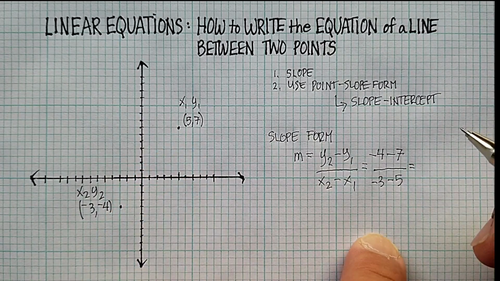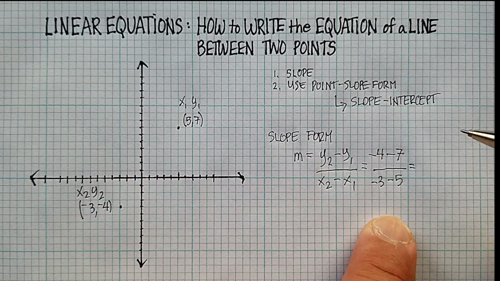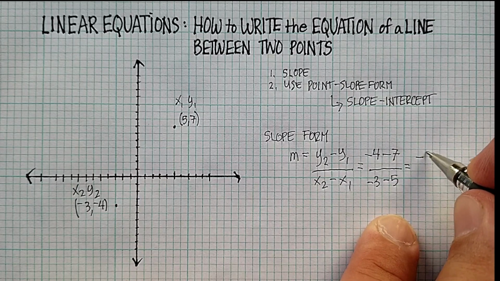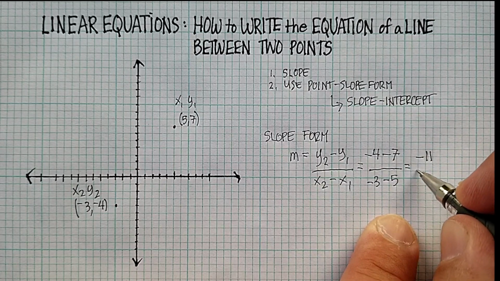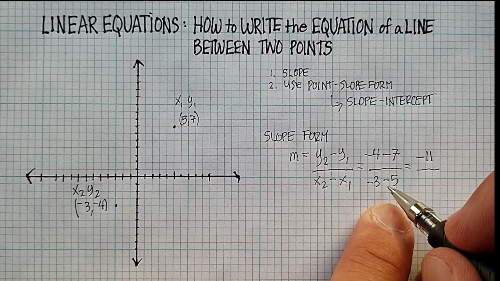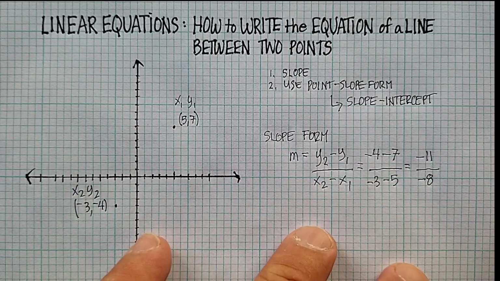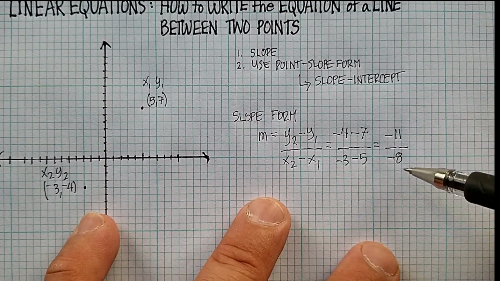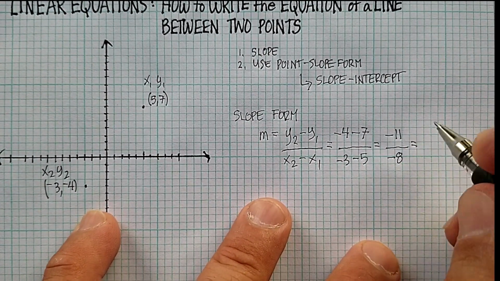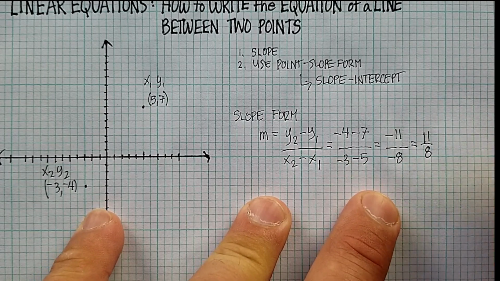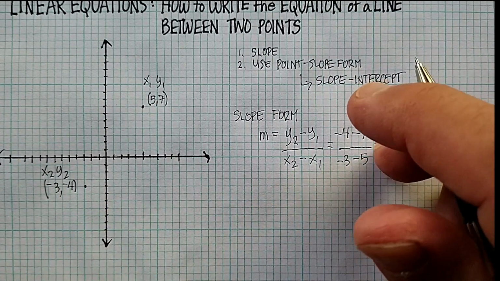Let's do our calculations correctly here. -4 minus 7 is -11, and -3 minus 5 is -8. And remember that when you divide a negative by a negative, you're simply canceling the negatives out, and you get 11 over 8 positive.